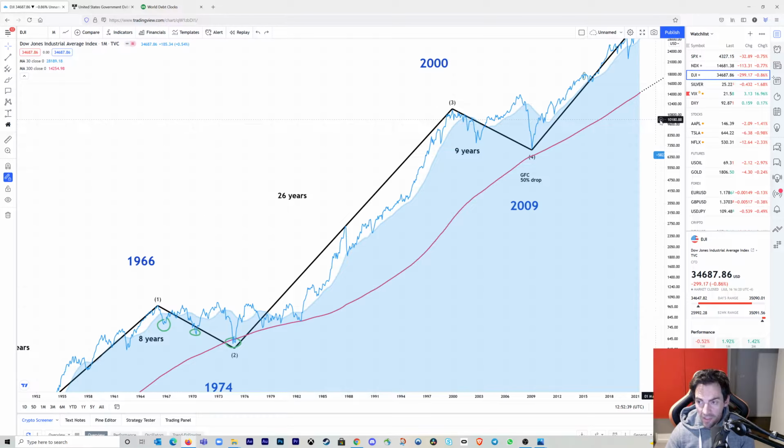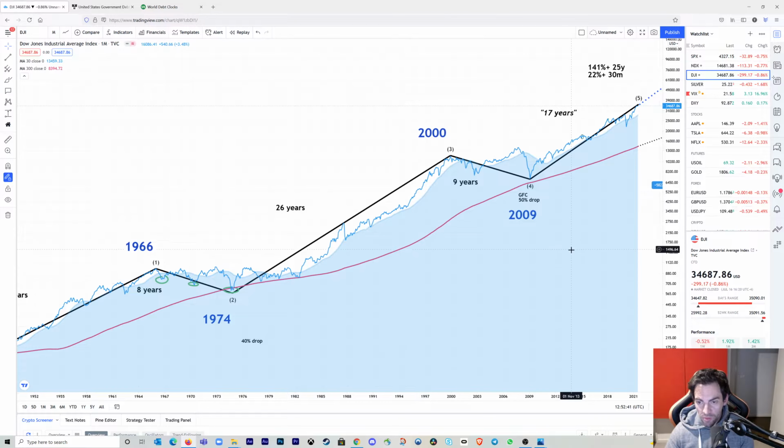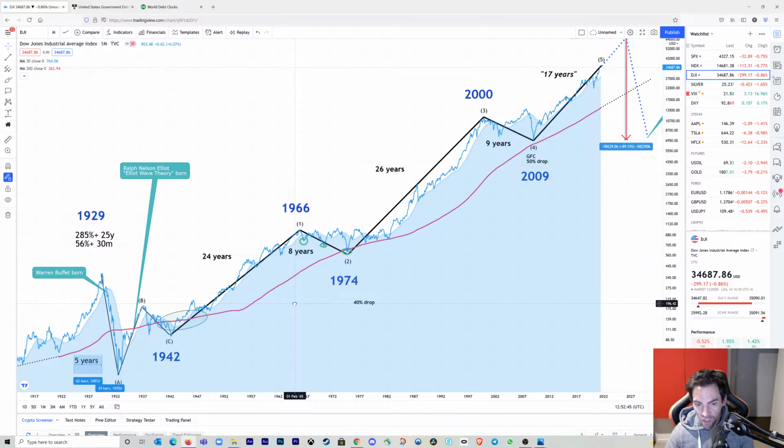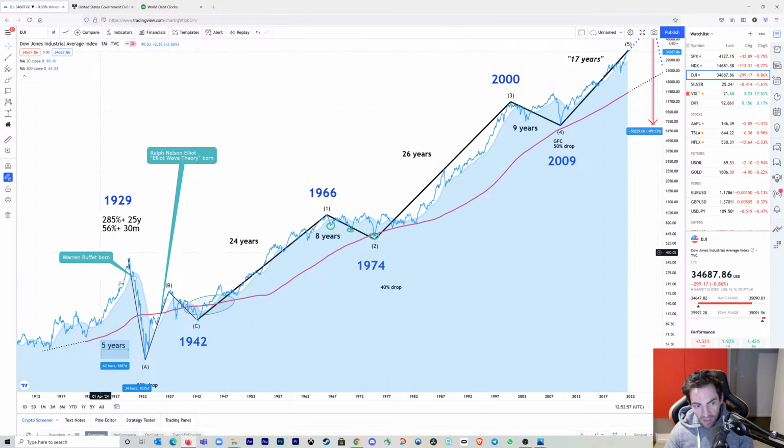Okay, the other thing that was also notable is this red line is the 25-year moving average, and I noticed that's where we tend to bottom. So we ran right through it in 1974, and we came very close to it here in 2009. But in 1929, you can see we crashed all the way through it. So whenever you crash through a moving average like that, it's more than just a correction.